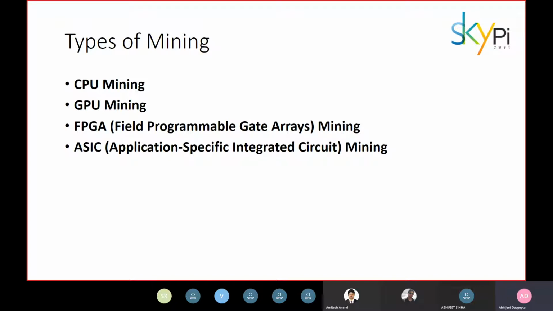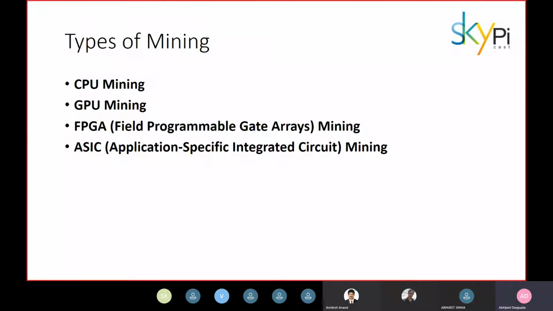It was found at some point during the process of mining that GPUs, or the graphical processing units available in your computer graphic cards, which are generally used for watching high definition movies, playing high definition games, and doing all visual and graphical tasks, could mine at much faster rates than CPUs, as they have drastically higher hash rates, and they could solve these mining problems at a very fast rate compared to CPUs.